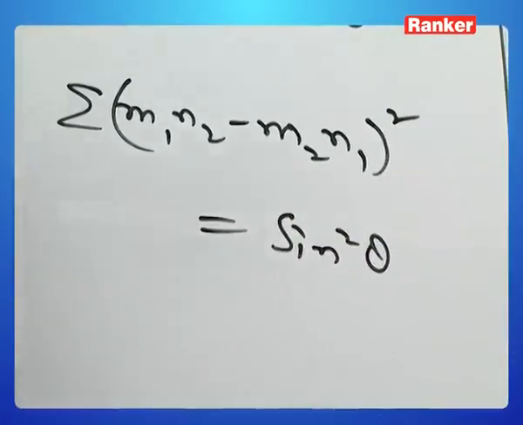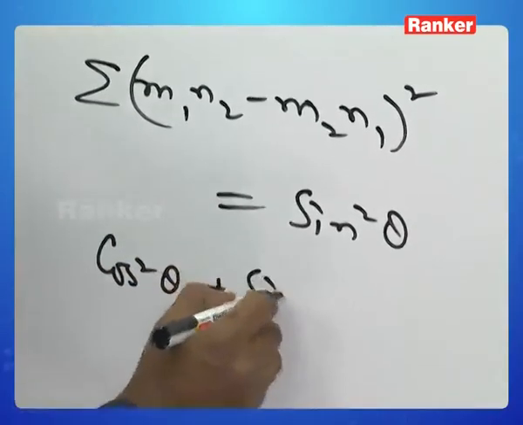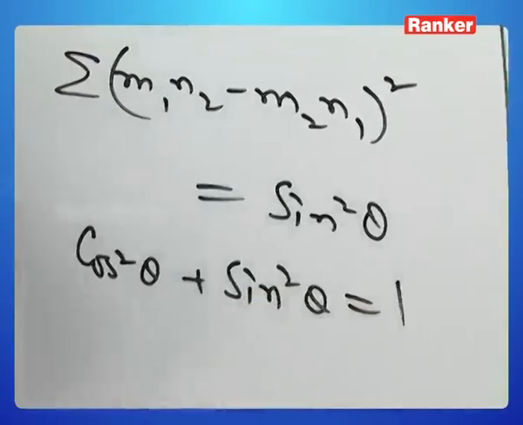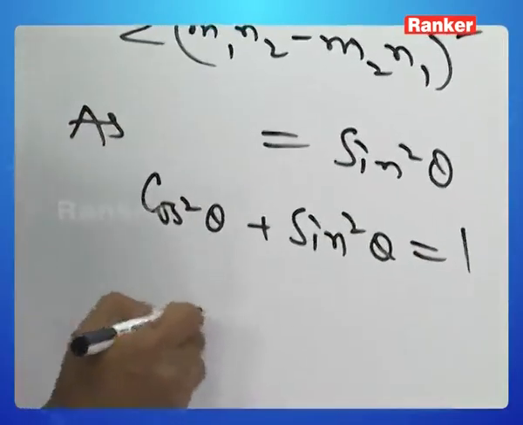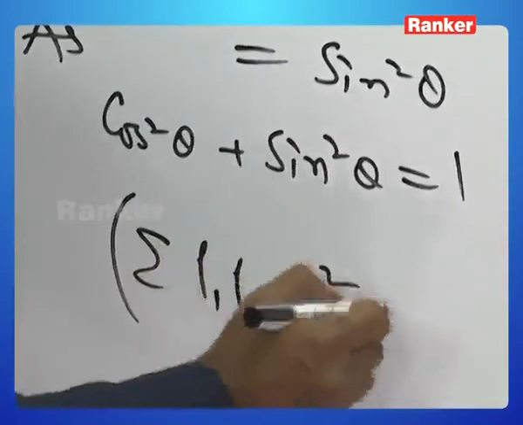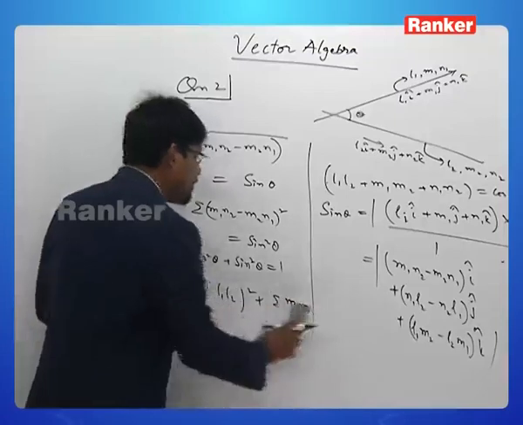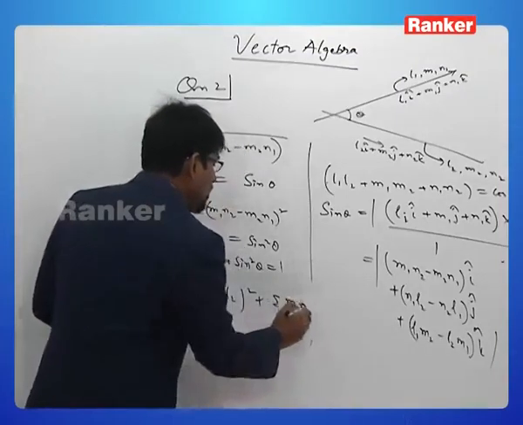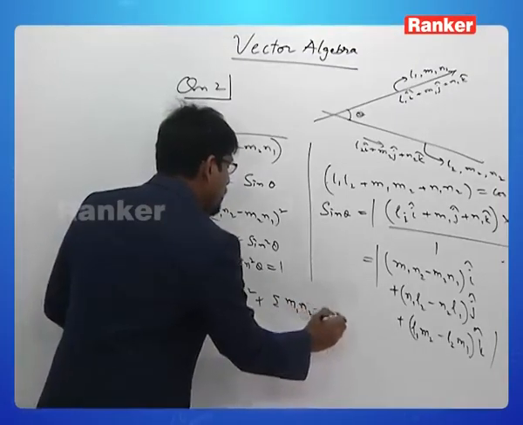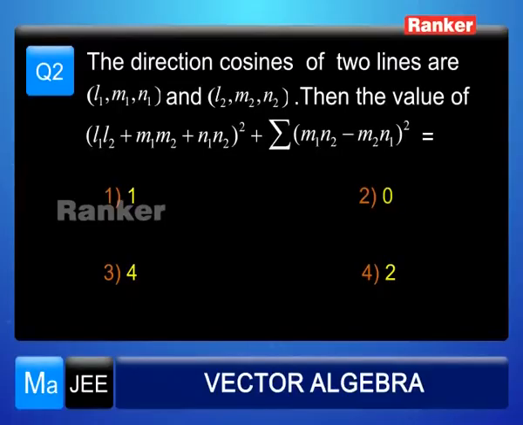And we know that cos square theta plus sin square theta has to be 1, as we have this. So sigma L1 L2 whole square plus sigma M1 N2 minus M2 N1 the whole square is also equal to 1. So option 1 is correct.